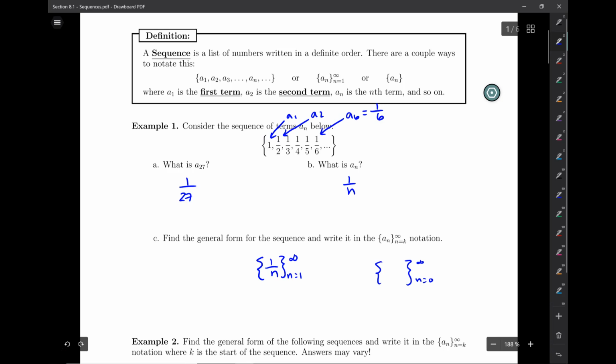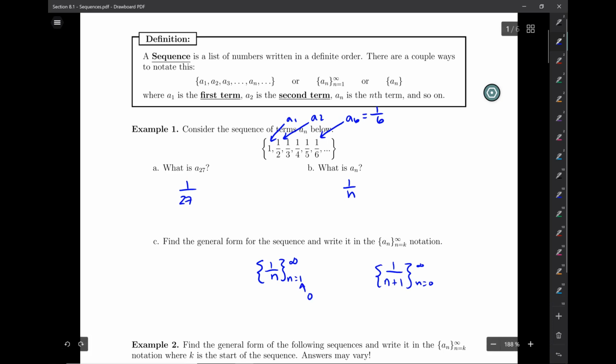So maybe pause for a second and think about what that rule would be if you started your sequence at 0 instead. Okay, so if we started it at 0, we can see that the rule is still 1 over something. We obviously still need to have an n. And in this case, we would need to have an n plus 1 so that our beginning would be 1 over 1 instead of 1 over 0. We can see that we definitely wouldn't want this to be a 0.